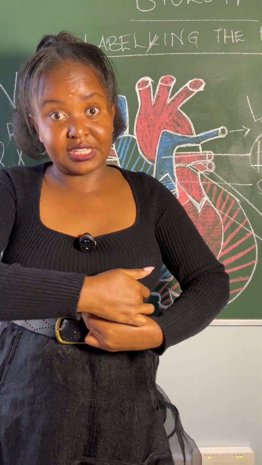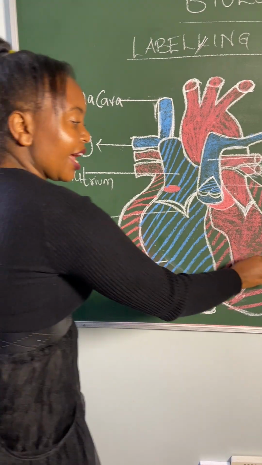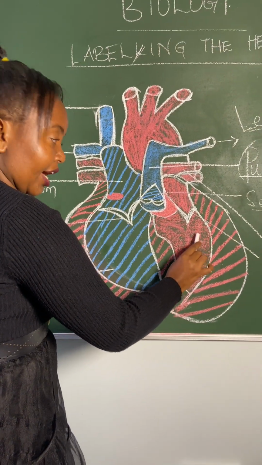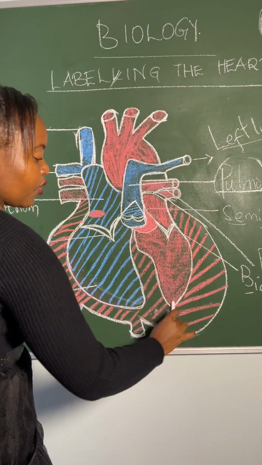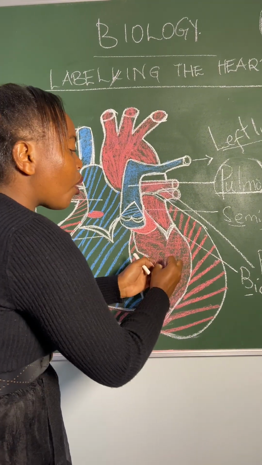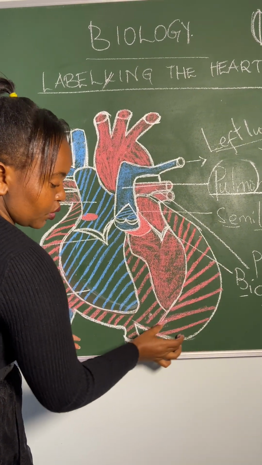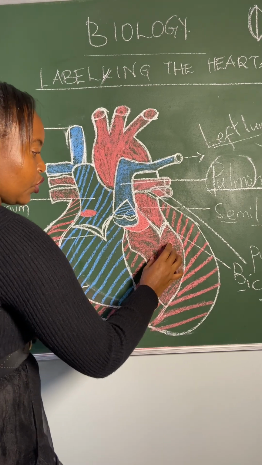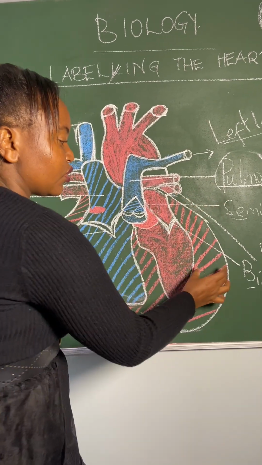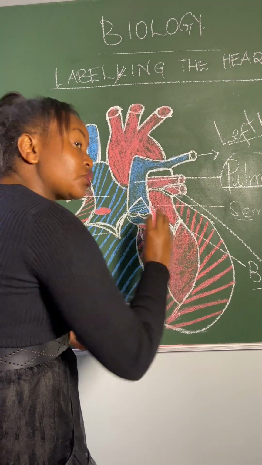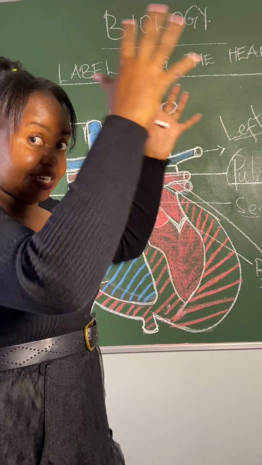Not far. Okay. But this one also has to contract. The left ventricle has to contract so much. So this will make it contract a lot. The muscles make this ventricle contract so much because there's so much pressure. And because it's so small in volume, the pressure increases.